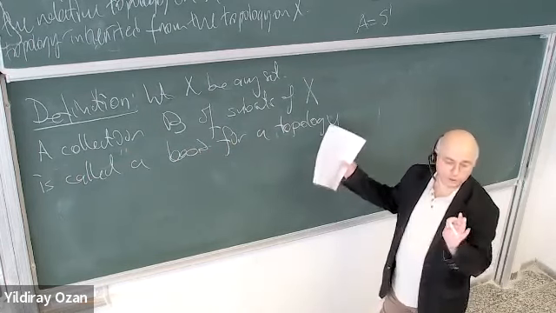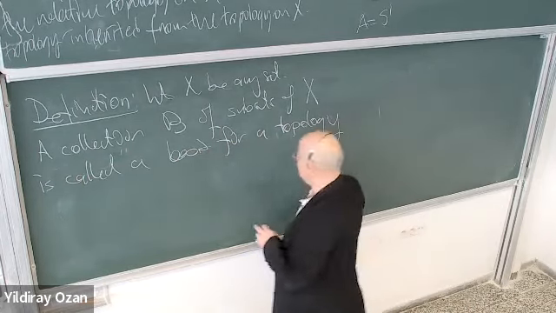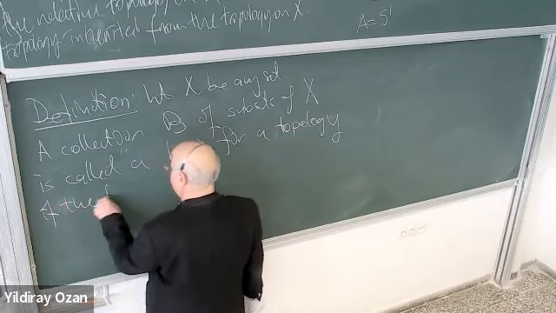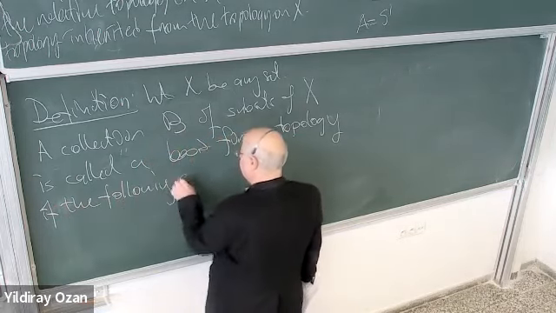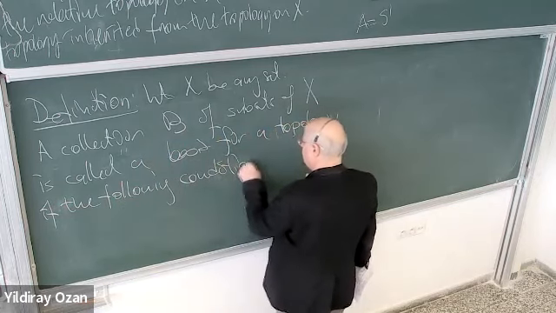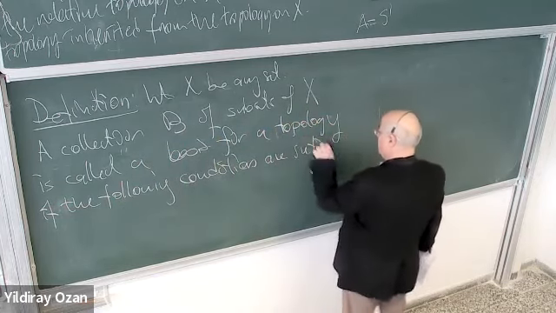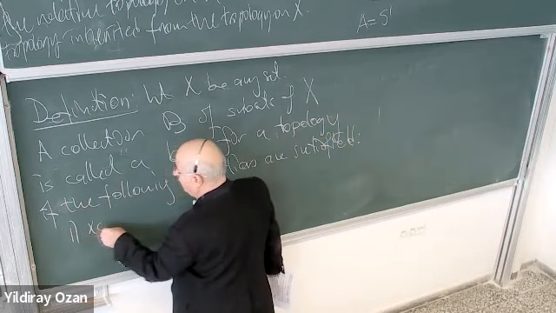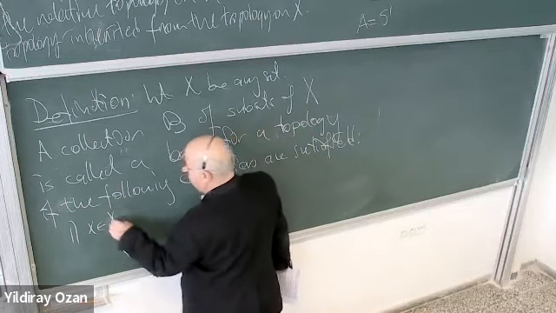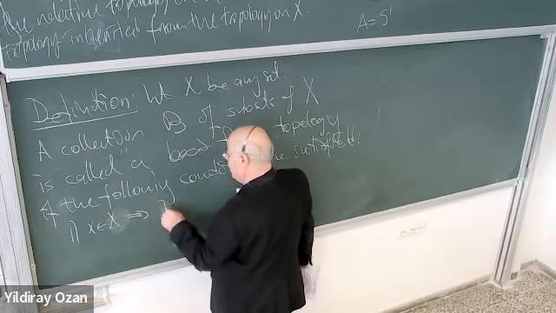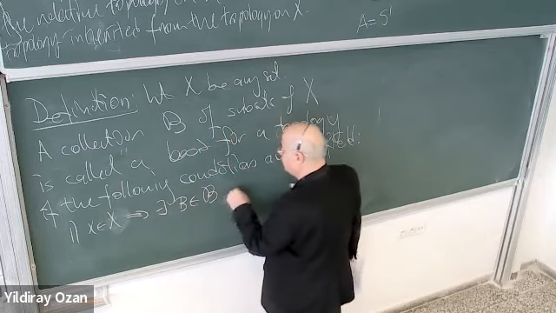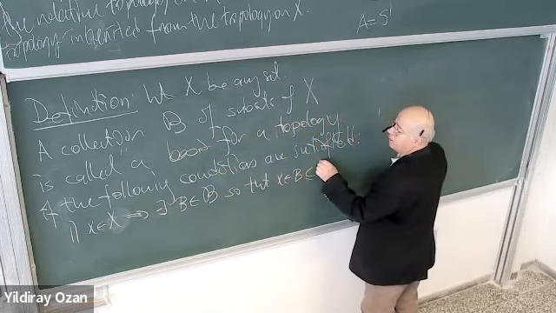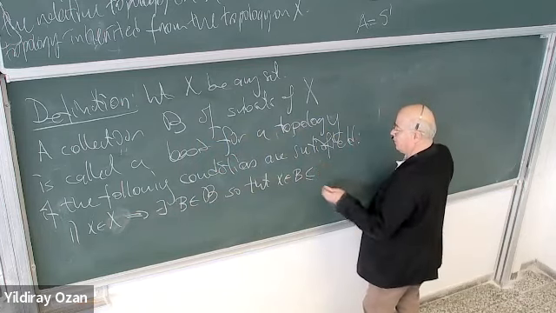But which topology, I don't know. But there is some topology. So, a basis for a topology if the following conditions are satisfied. What are they? For each point x in X, there is some B in this collection so that x is in B and B lies inside X.